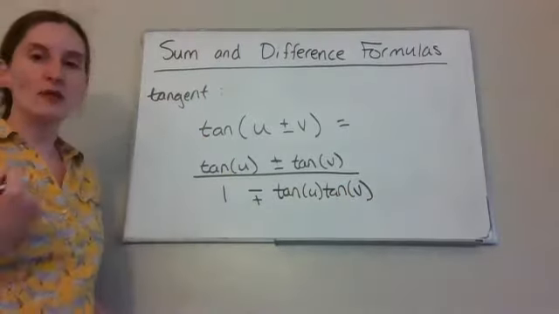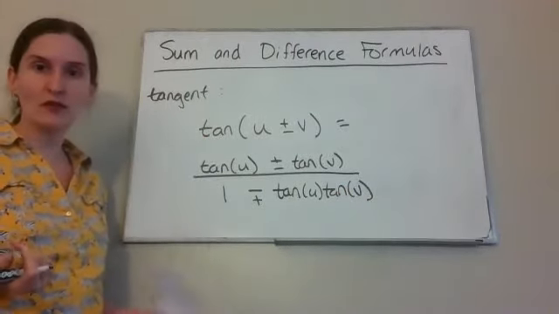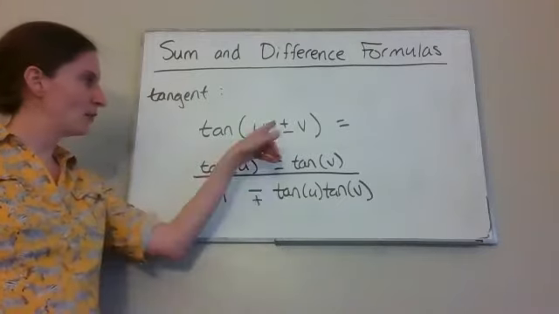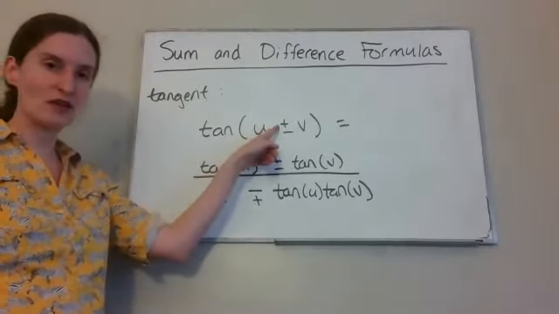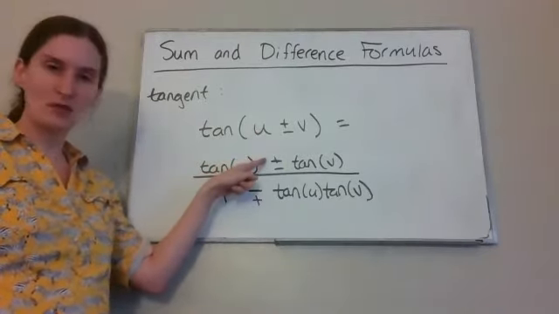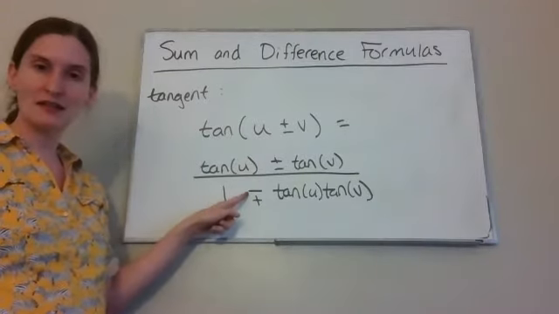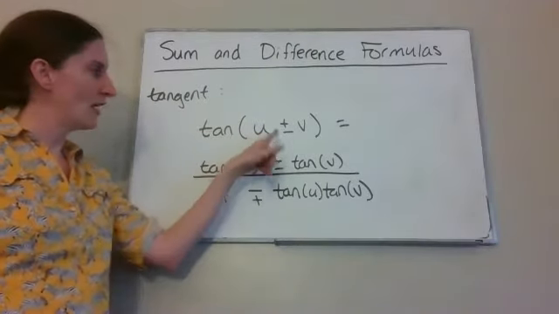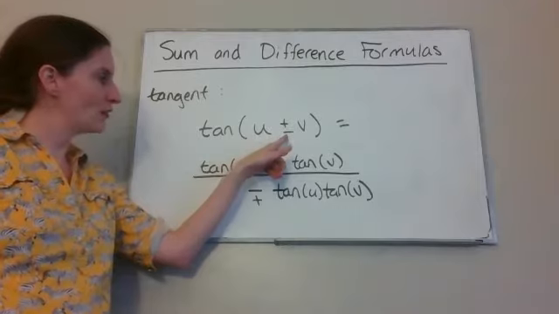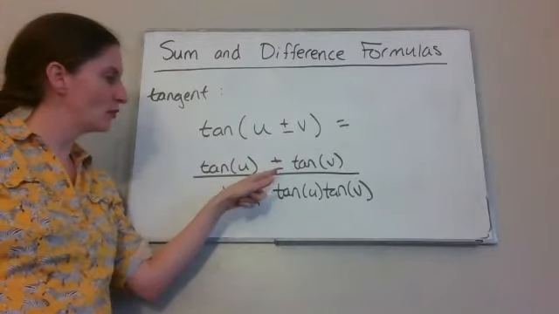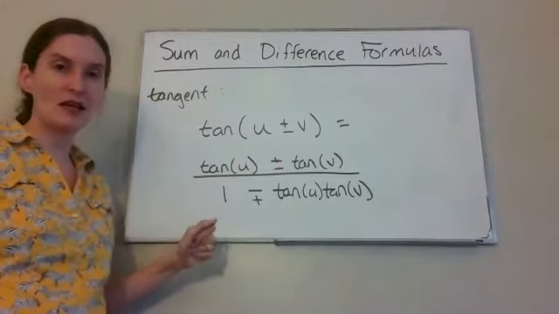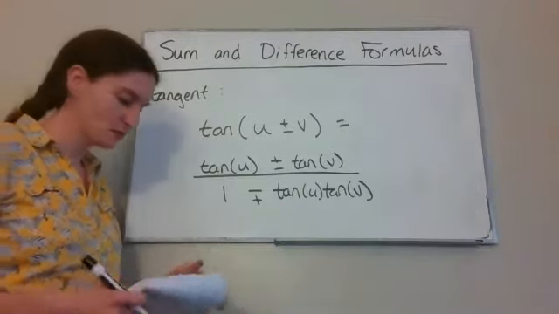This is by far the most complicated of the sum or difference formulas. Notice that when there's a plus inside the parentheses originally, I'll have a plus in the numerator, but I'm going to have a minus in the denominator. And when I have a minus in the parentheses originally, a minus in the numerator and a plus in the denominator. So you have to be careful with that.